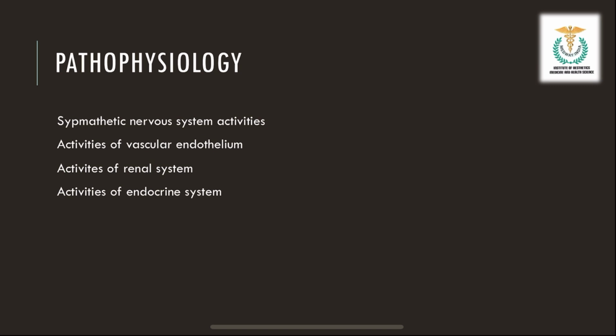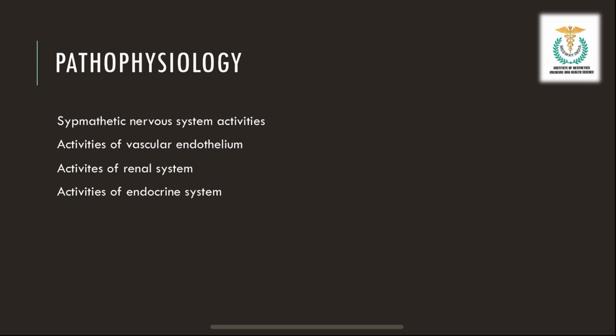So the net effect of the sympathetic nervous system activation is to increase the arterial blood pressure by increasing the cardiac output and systemic vascular resistance. So this is what happens in the sympathetic nervous system activity.